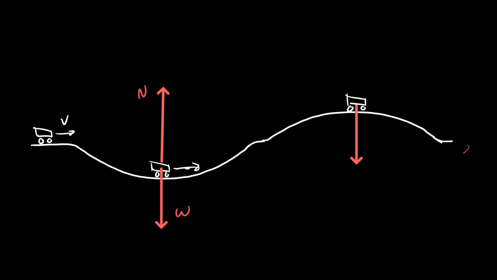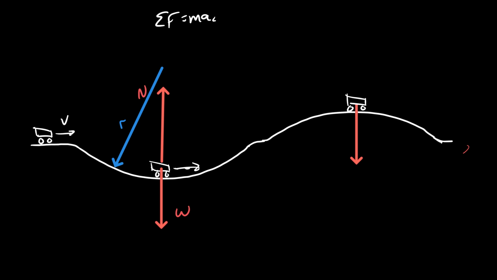In fact, you can see it. You can just do the math on it. Net force equals MAC. This area must have some radius of curvature related to that particular portion of the road.